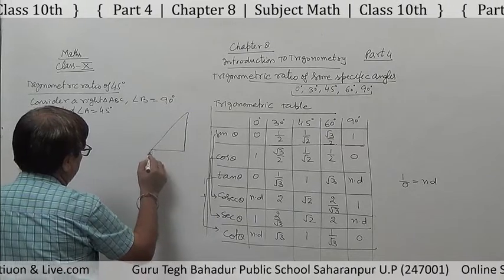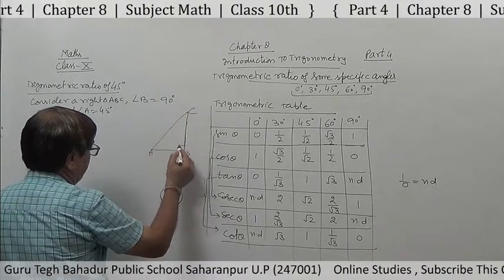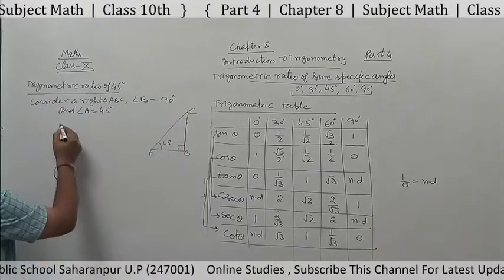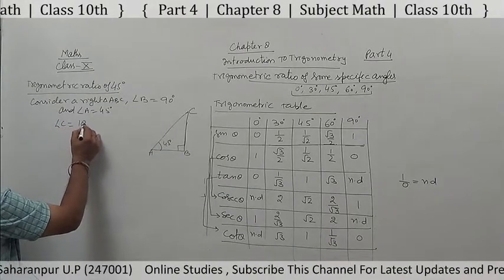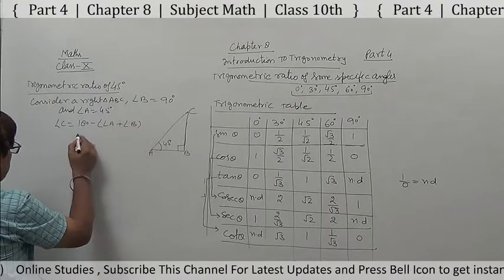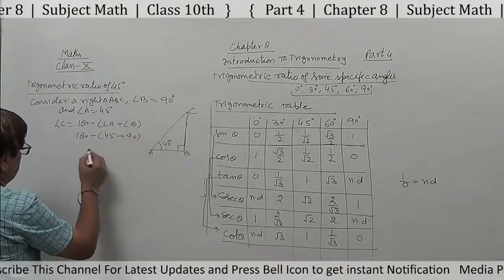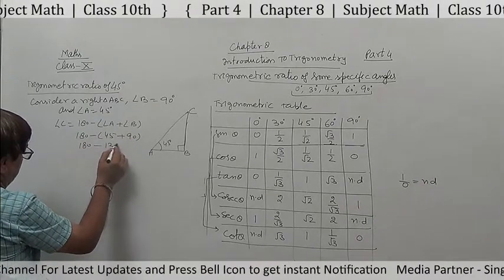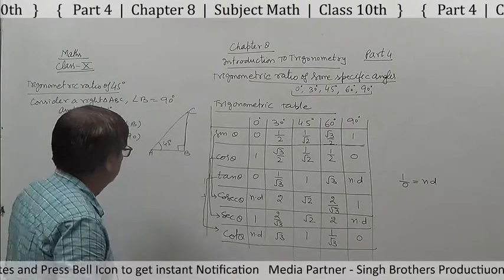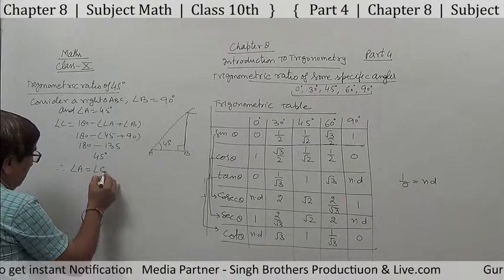This is a right angle triangle. This is 90 degree, this is 45 degree. So angle C is 180 minus the sum of angle A and angle B. So 180 minus 135, so 45 degree. Therefore, angle A is equal to angle C.